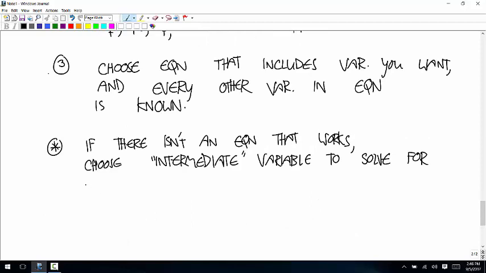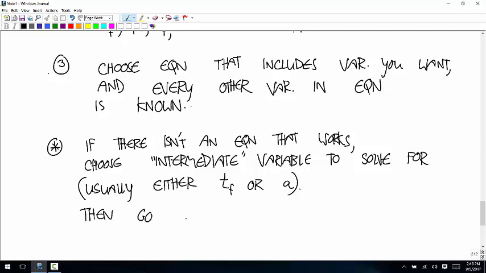Usually that's going to be either time final or acceleration. Then go back to step 2.